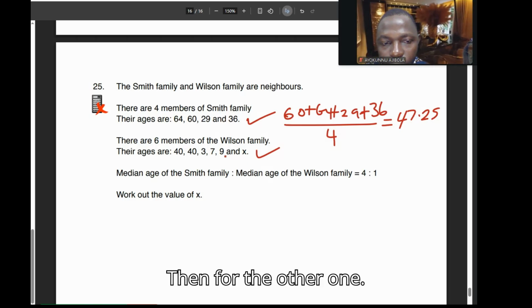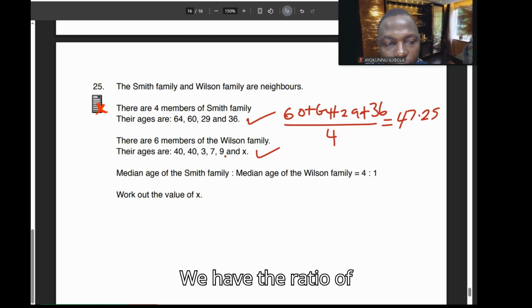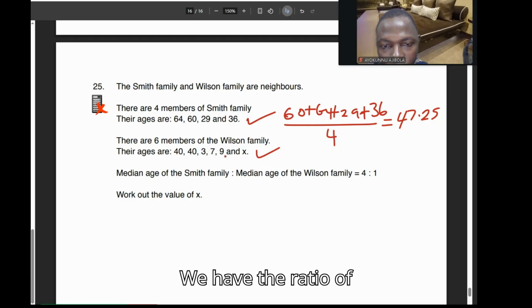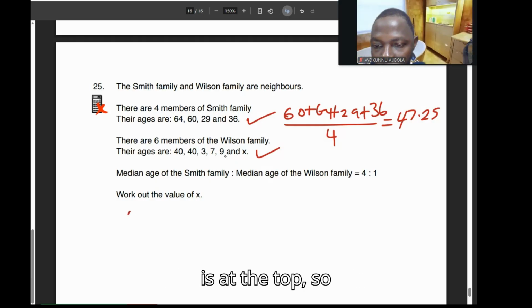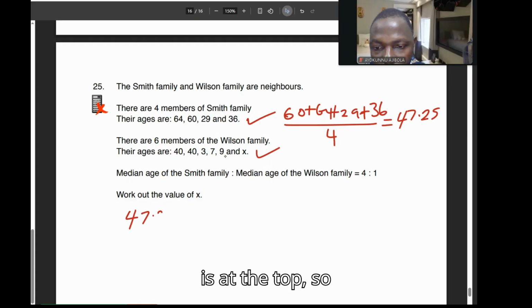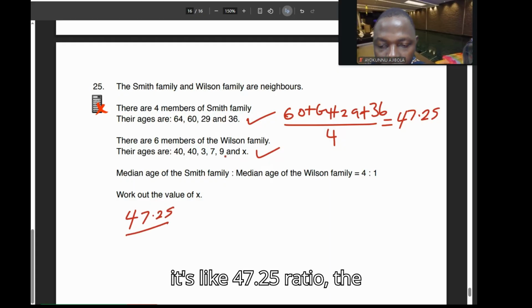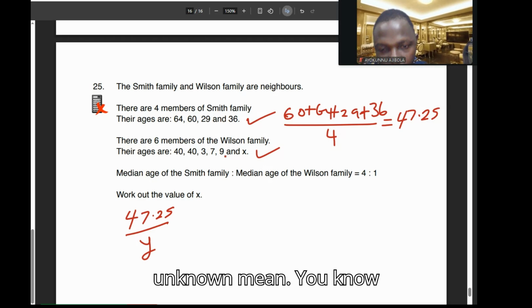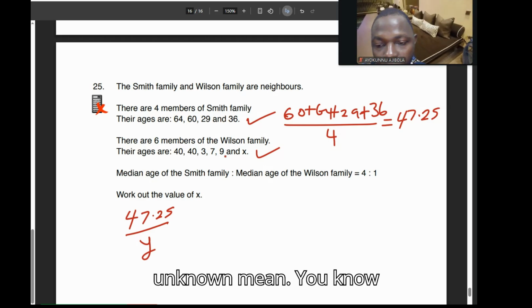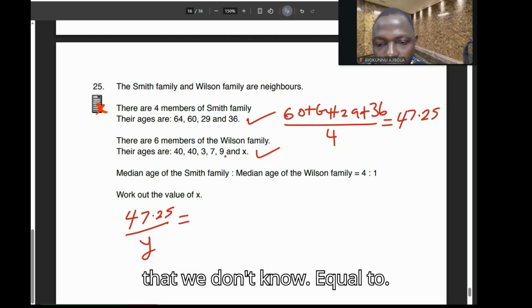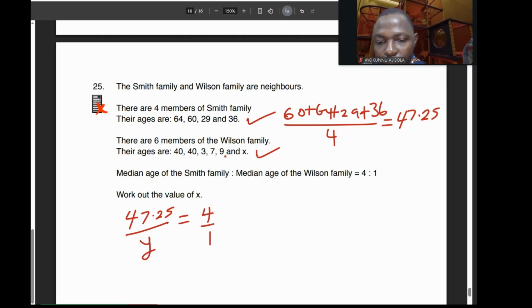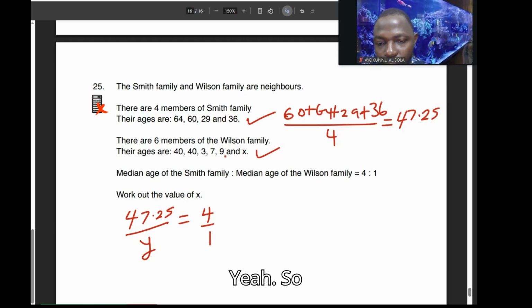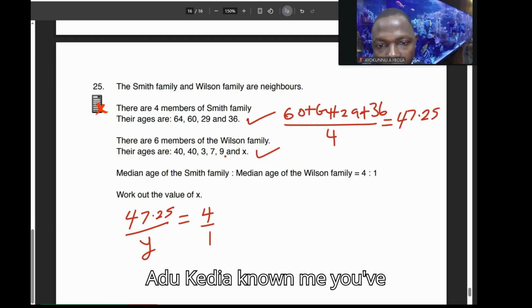Then for the other one, we have the ratio of the Smith. Smith is at the top. So it's 47.25 ratio the unknown mean, that we don't know, equal to 4 ratio 1. So how do we get the unknown mean?